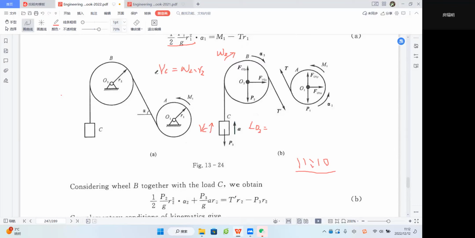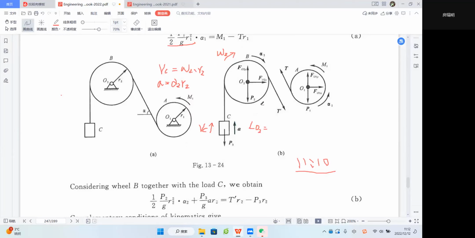That means when we take the derivative of both sides, we will have a_C equal to alpha 2 times r2. So here is a very important relation we will use later.